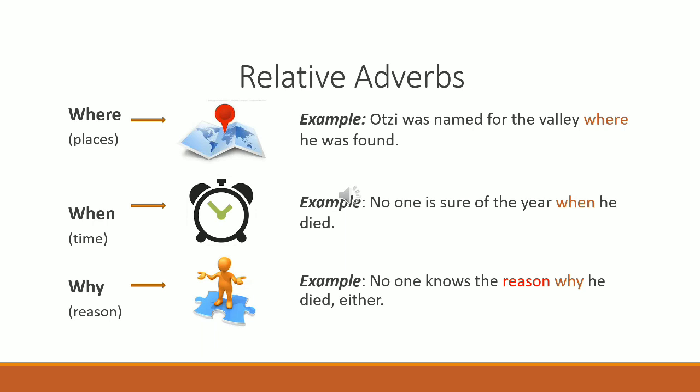Otzi was named for the valley where he was found. When is used for time. Example: no one is sure of the year when he died. Next one, why or reason. Example: no one knows the reason why he died either.